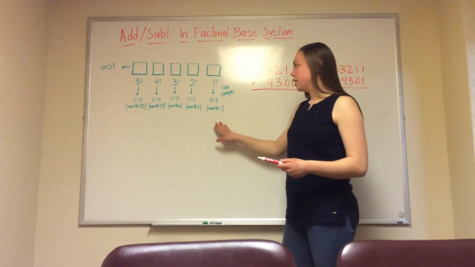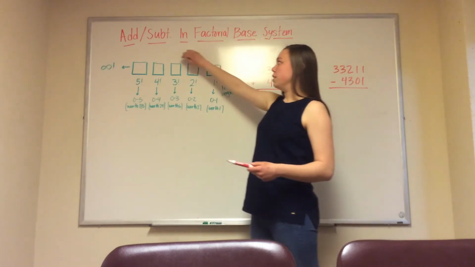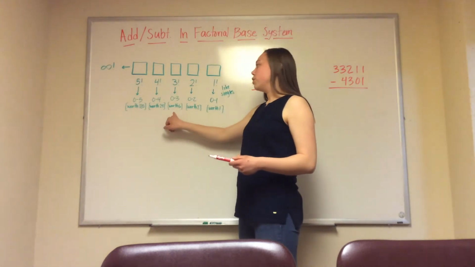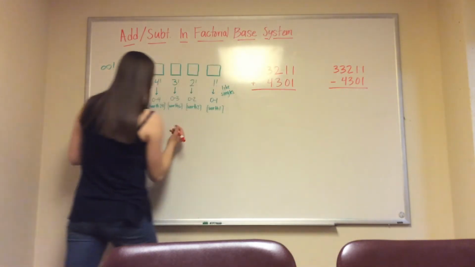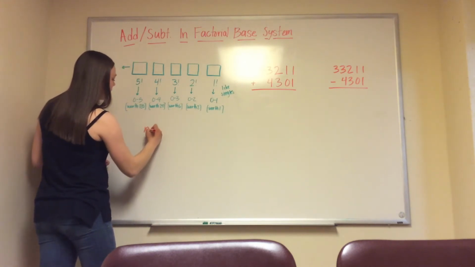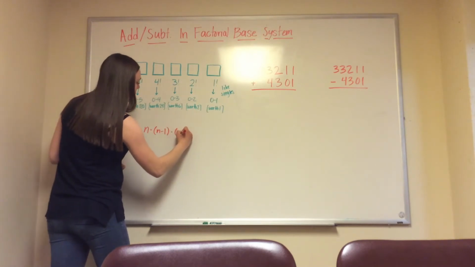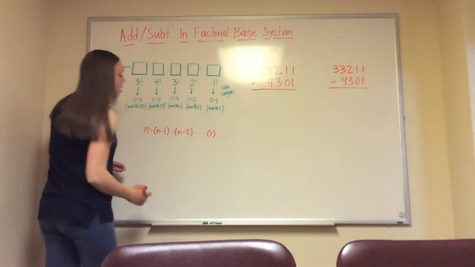And another important thing to consider is how much each of these place values are worth. So for example, our 3 factorial is going to be worth 6 because the worth can be determined by doing the number times the number minus 1 times the number minus 2 and so on until you reach 1.